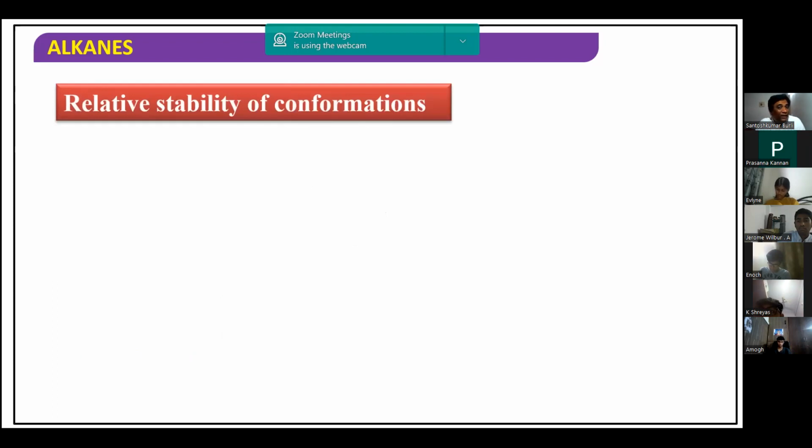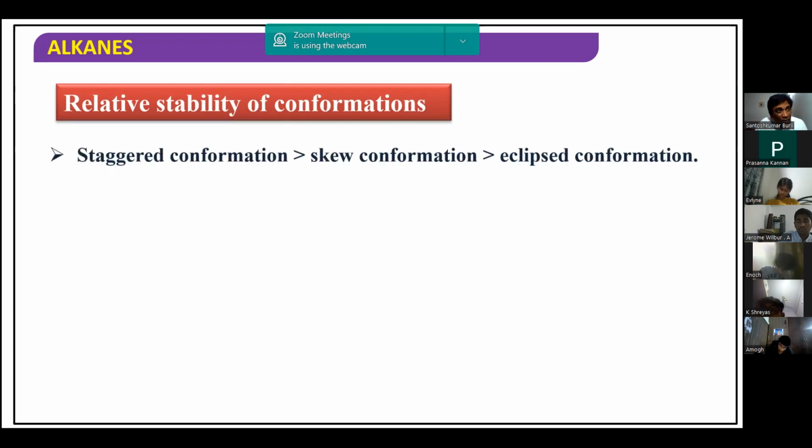Now, relative stabilities of conformations. That's what I wanted to discuss. Staggered conformation is the most stable conformation, not eclipsed. That you must keep in mind, very important. Eclipsed is the least stable one, whereas the skew conformations are intermediate between staggered and eclipsed.